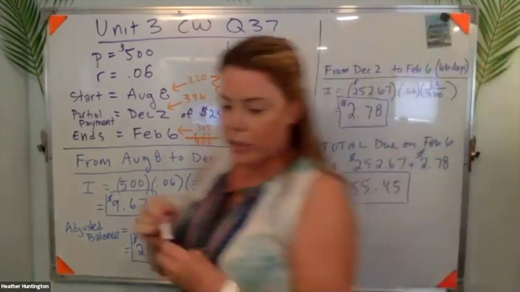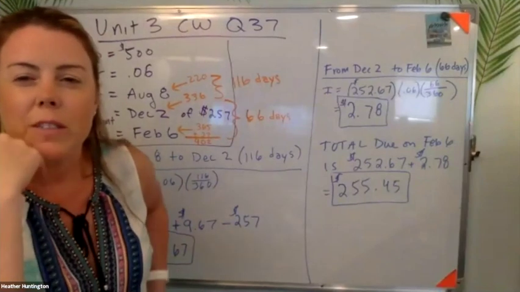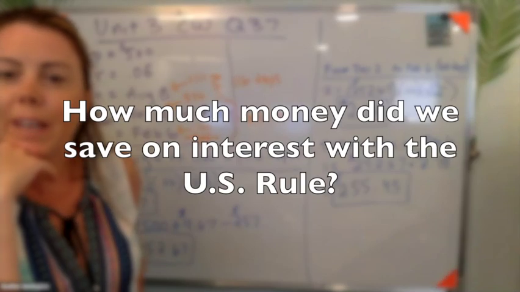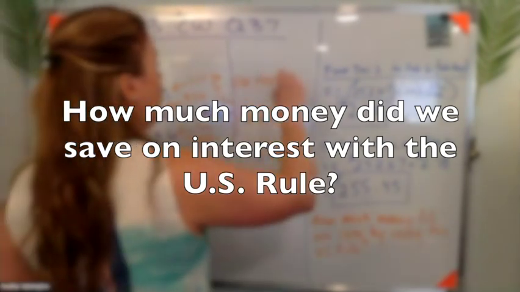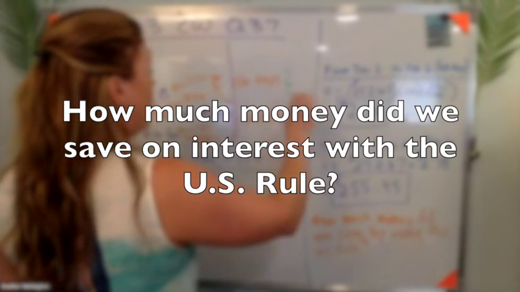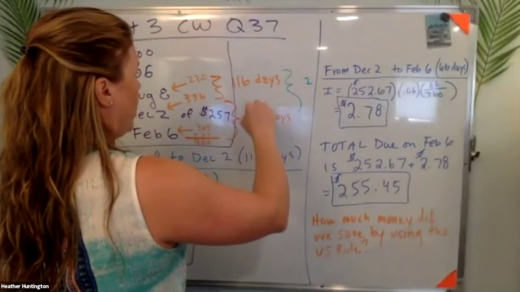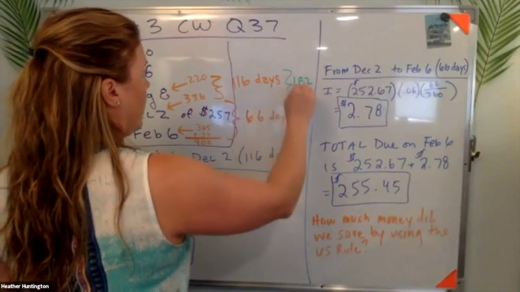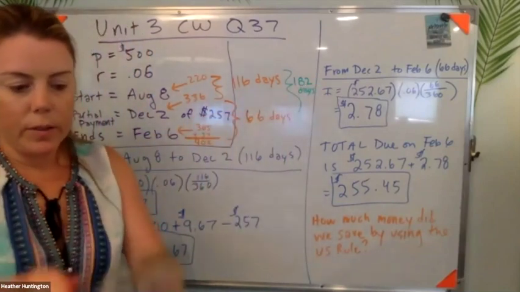Okay, so now my question to you is, how much money did we save using the US rule? 182 days.